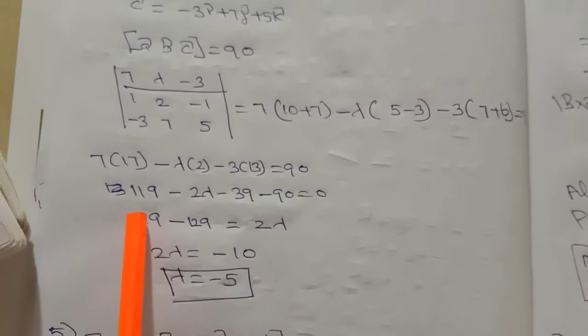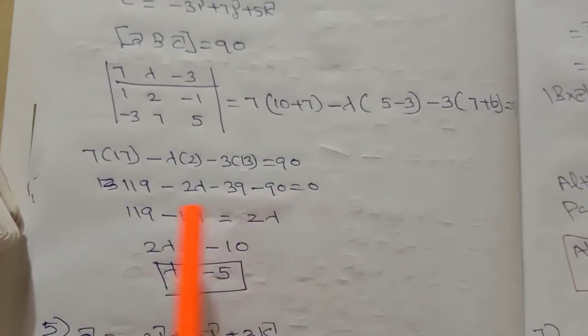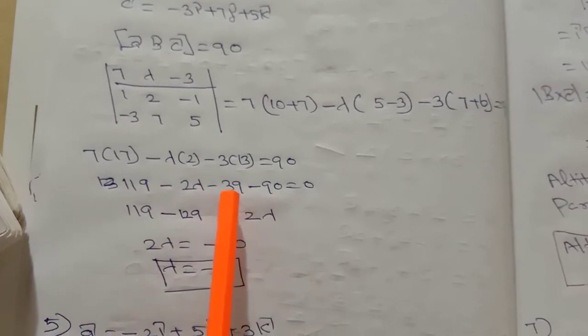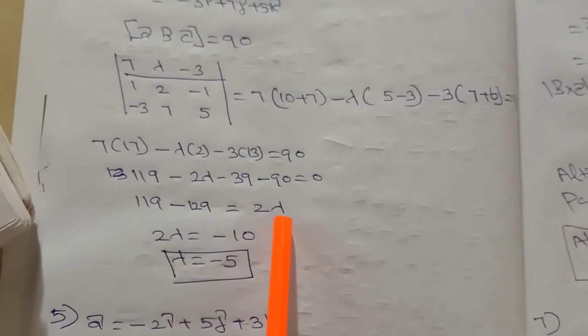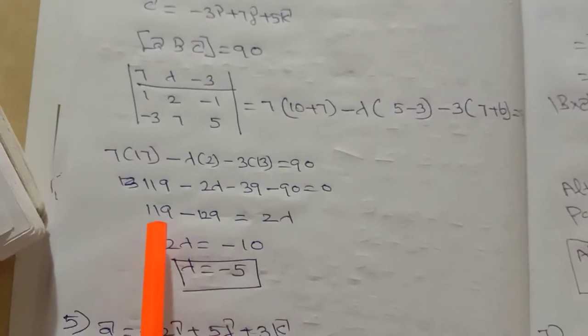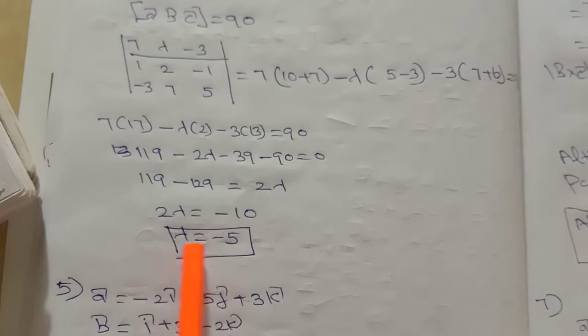So this is 119 minus 2 lambda minus 39 minus 90 equal to 0. If you add, you will get 129 equal to 2 lambda. Wait, so 2 lambda equal to 119 minus 129, which is minus 10. So you are getting lambda equal to minus 5.